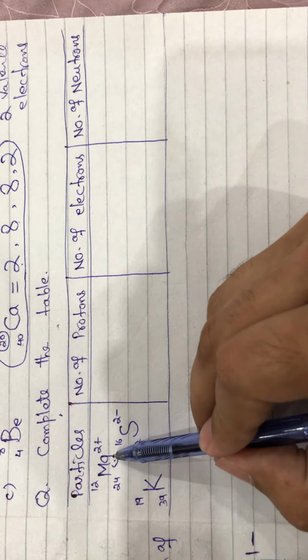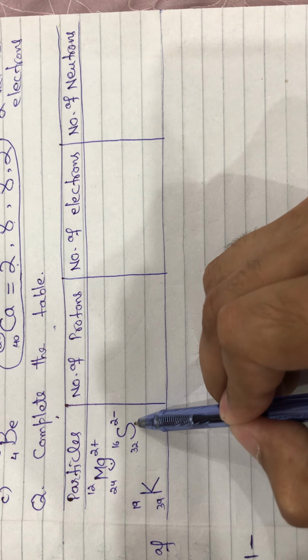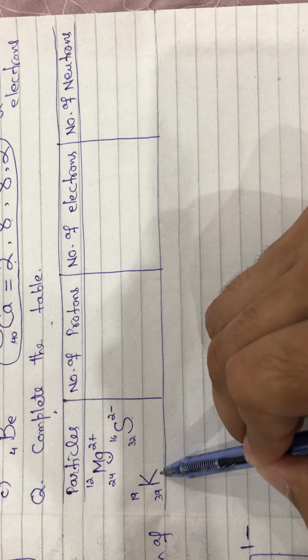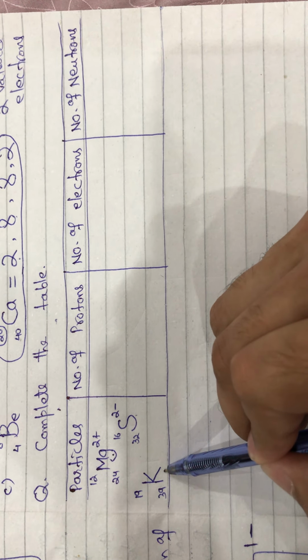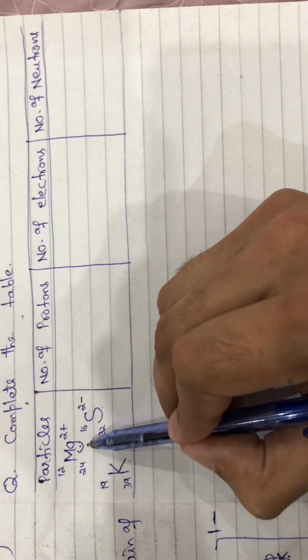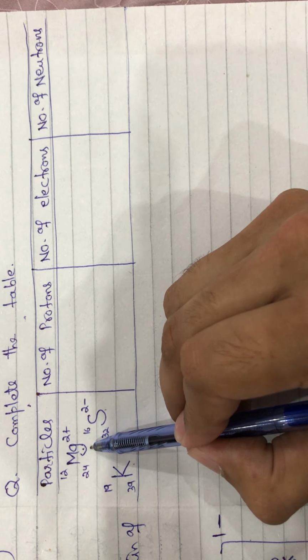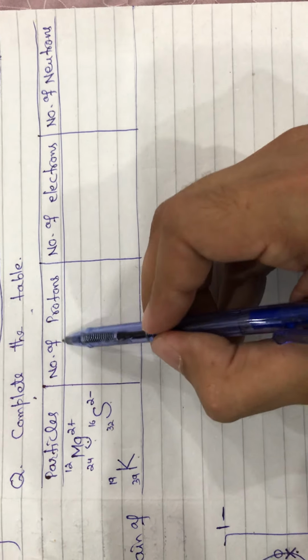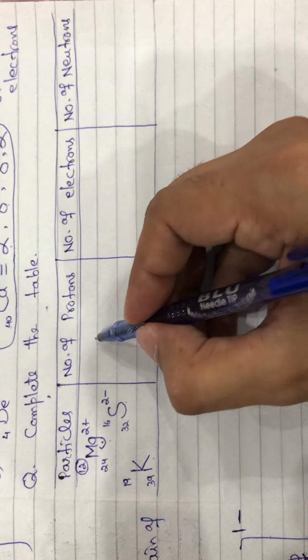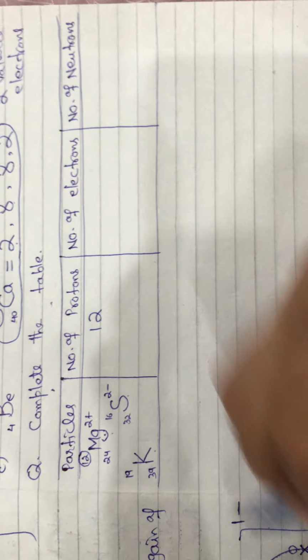Over here, the first one is magnesium ion, the second one is sulfide ion that is formed from sulfur, and lastly we have potassium atom, not ion, because it doesn't have any charge on it. Writing for the particles of magnesium, as it has atomic number 12, its number of protons is 12.